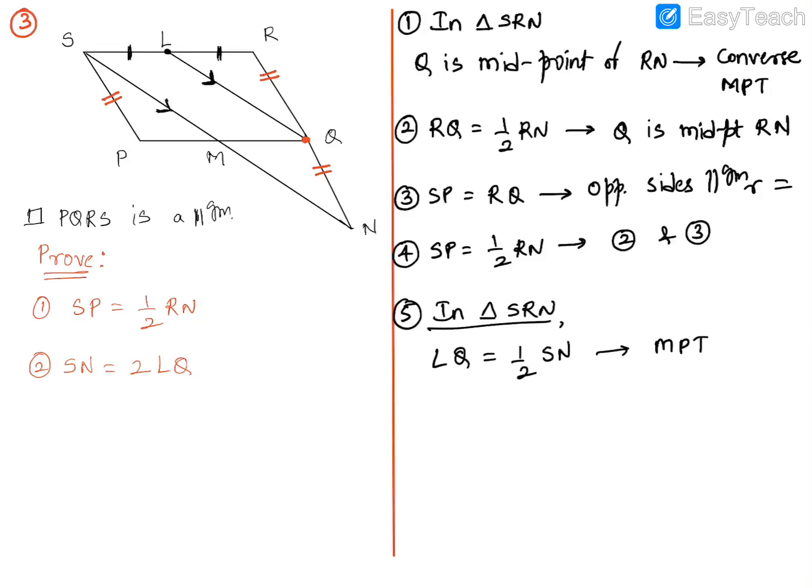You see, L and Q are midpoints, and when you are joining them, it becomes half of the base SN. Also parallel, but we don't need parallel, so I'm not writing that. So LQ is half of SN, and if you cross multiply, you will get, therefore, SN is equal to 2 times LQ. Okay, that was the last statement, and then this problem is done.